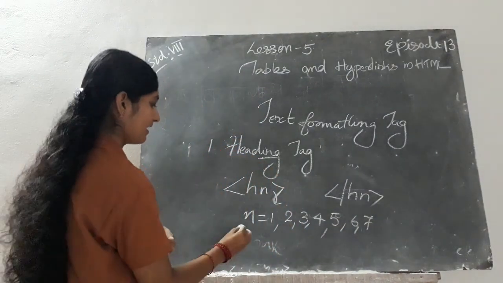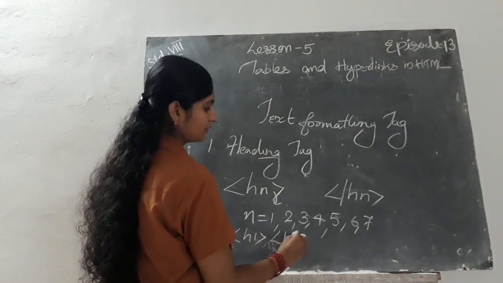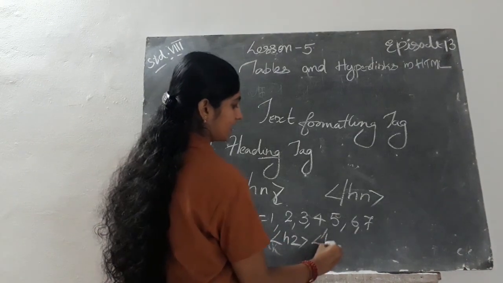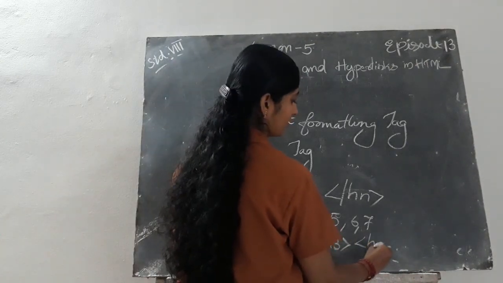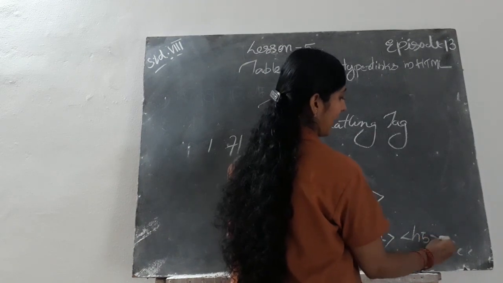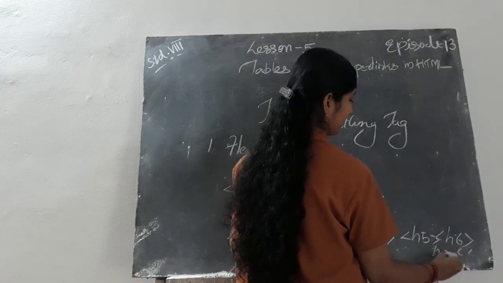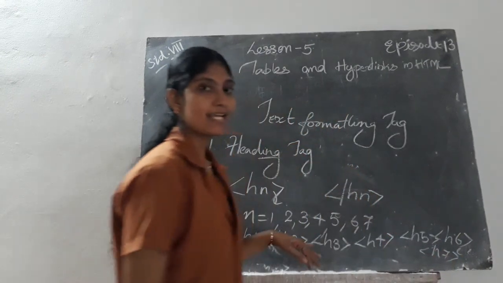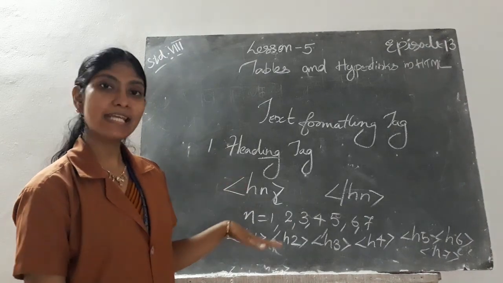That means H1, H2, H3, H4, H5, H6, H7. These are the sizes of the heading tag.